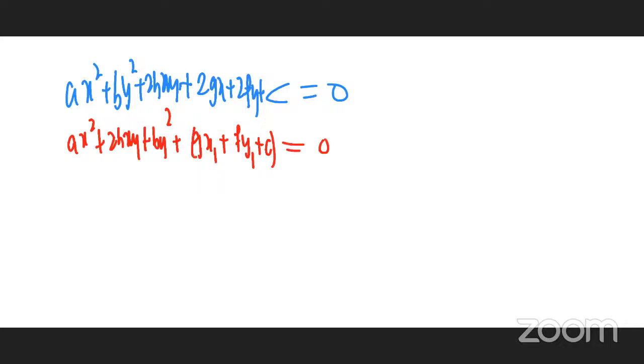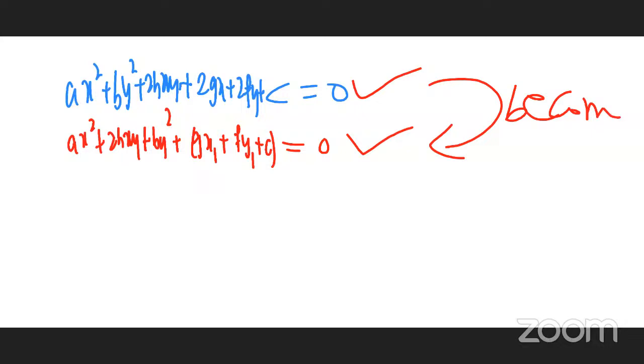Means this equation, after transformation, will become like this. The equation which is like this will get transformed like this. That is what corollary number 3 is telling.